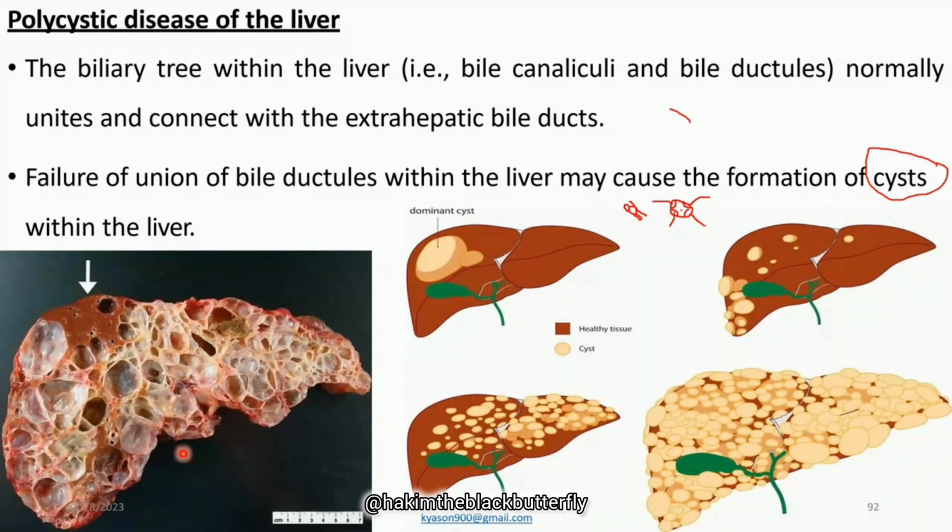Okay, so this is also a condition that may necessitate liver transplant, because with so many cysts in the liver, the functionality of the liver is going to be reduced. And the mortality rates can be high in these neonates who are also affected by polycystic liver disease.